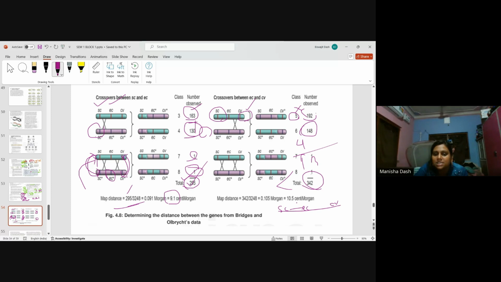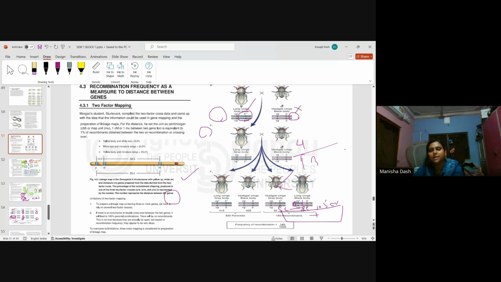So this distance is 9.1 centimorgan, and this distance is 10.5 centimorgan. And what is the distance between these two? You can simply add them. That is how you can find out the distance between genes by using the crossover frequency.